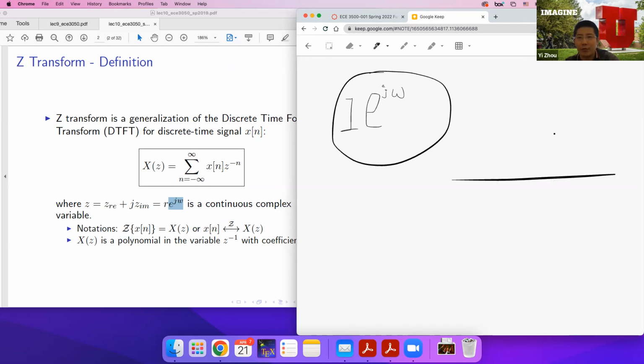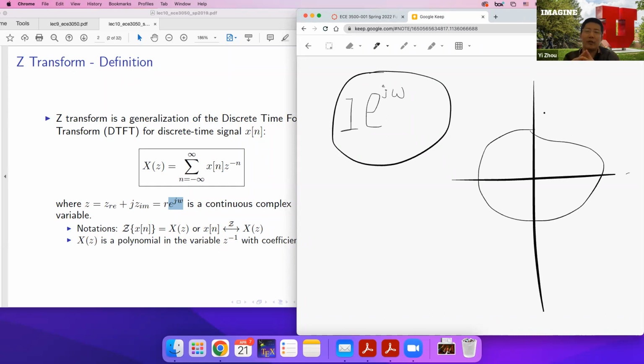All the complex numbers that have magnitude 1 form a circle on the complex plane.